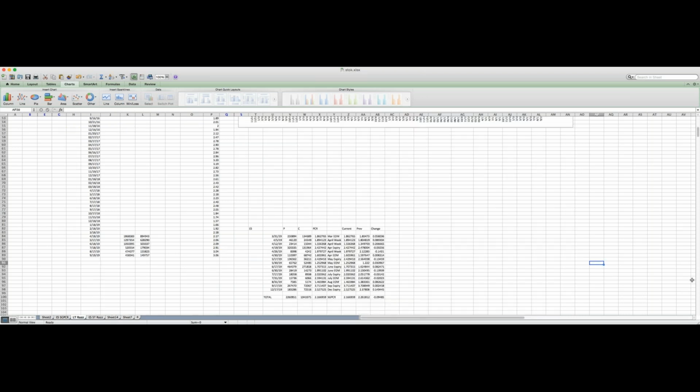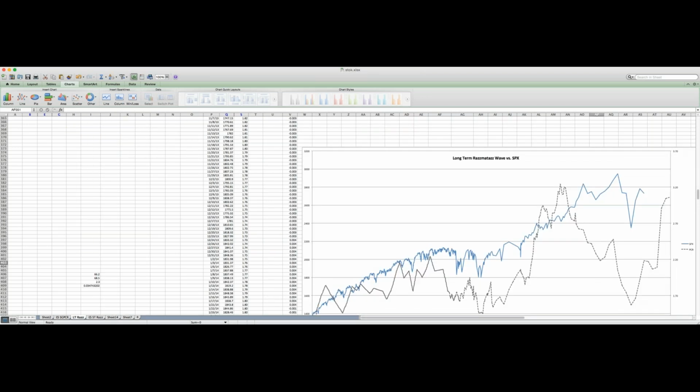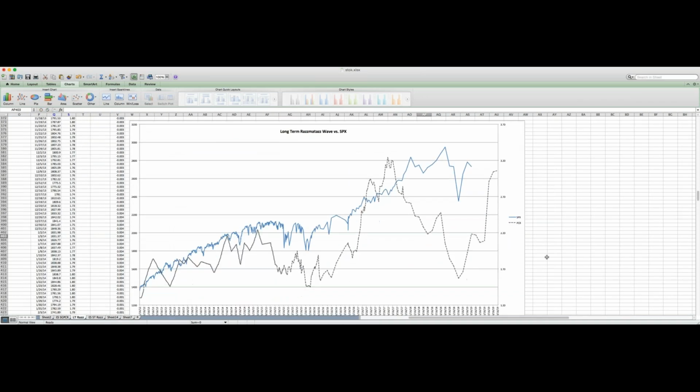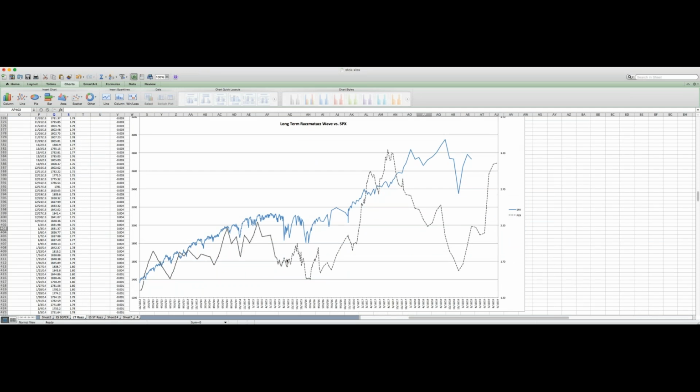Right. So if you look at how it looks when plotted alongside SPX, this is how it is. The blue is SPX and the dotted line is the PCR. This is basically SGPCR, and from here onwards is the future value and the long-term razzmatazz wave. So again, the PCR topped way early in 2017, and the market kept on going higher.